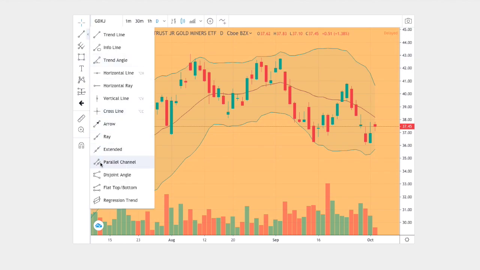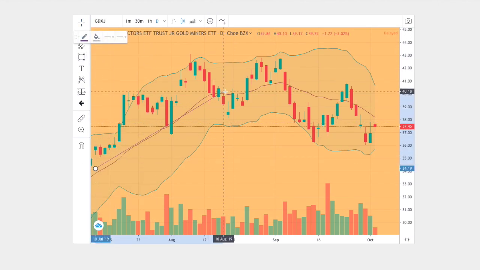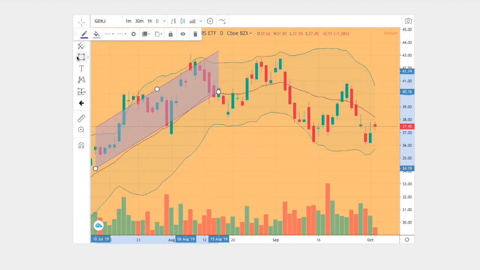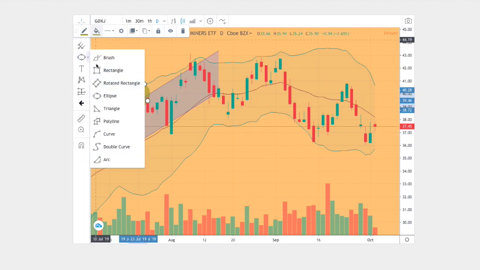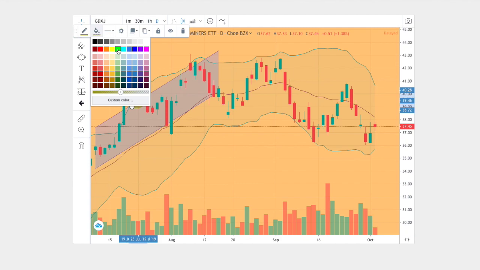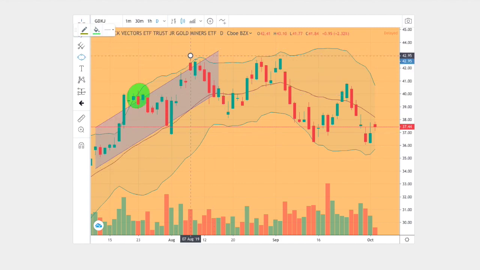What we have here in the beginning of the trend, we average above the middle Bollinger Band. We also touch the upper Bollinger Band several times. So we have one instance there, and a second instance right here as well.